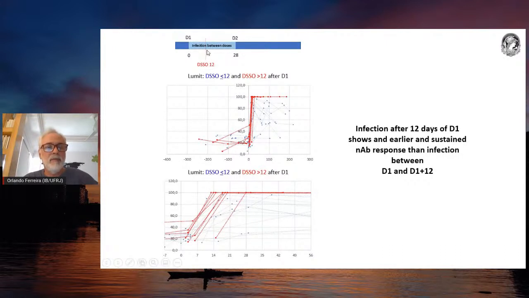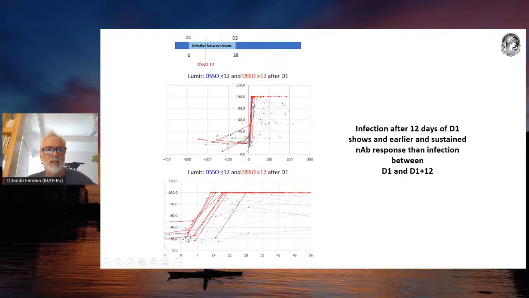If you further divide the infections that occurred between the two doses into those that occurred before day 12 of the first dose and those that occurred after day 12 of the first dose, you see a clear difference here.